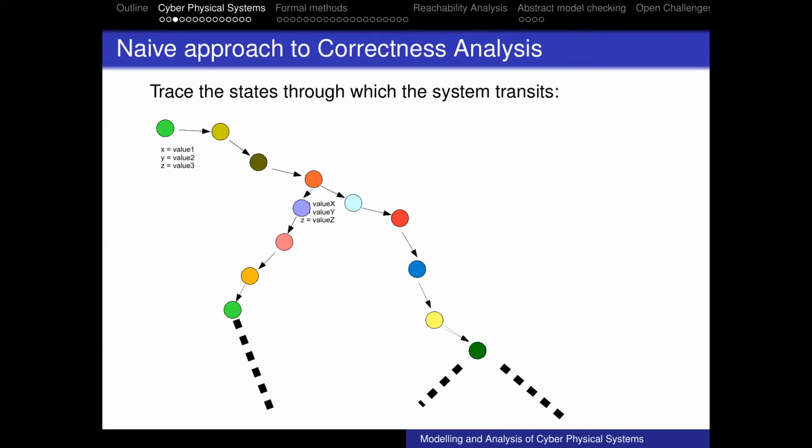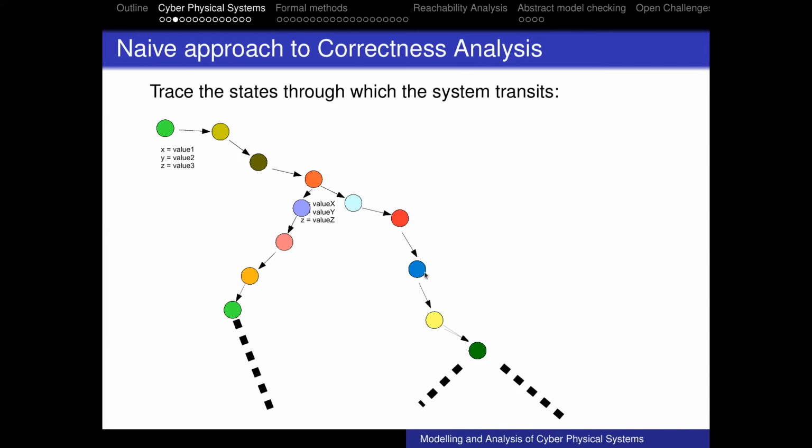Usually in cyber physical systems, the number of states visited is often infinite, right? However, if this is the set of states or sequence of states visited by your system, and you are talking of correctness analysis, then what you should do is compute each of these paths. Maybe there could be a finite number of paths or infinite number of paths, we don't know.